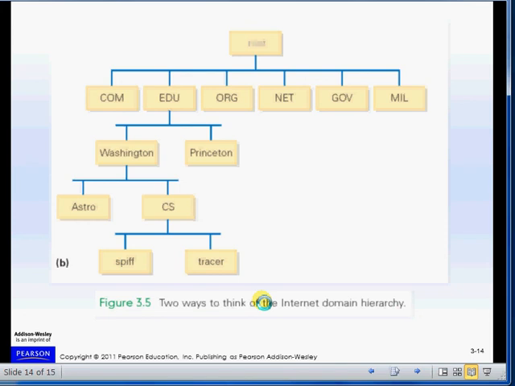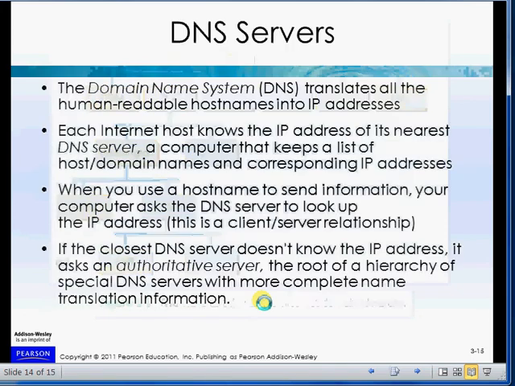The other thing we have on the internet that is really, really important is DNS servers. DNS is a service that provides translation. With a lookup, it translates between a friendly name, also known as an FQDN, and an IP address.